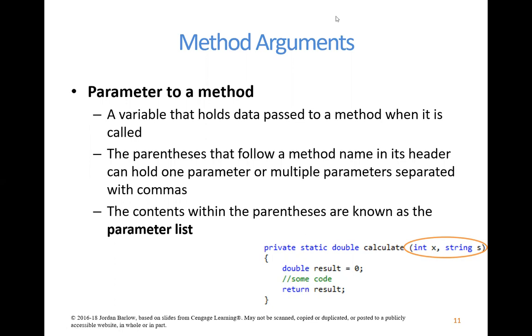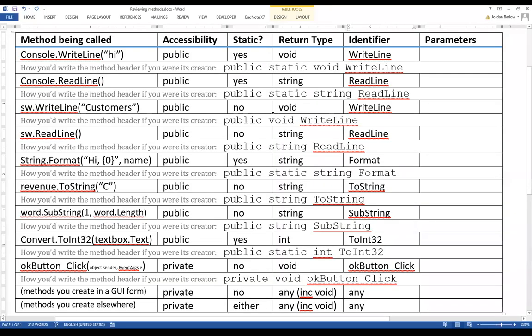But for now, let's jump back and finish filling out that Word document, applying this to the methods we're familiar with. For the WriteLine method, anytime we called WriteLine, we had to have some text inside of the parentheses, right? I told you that was just how the method worked and to remember that rule of thumb.